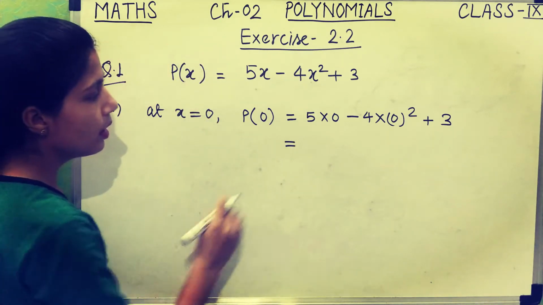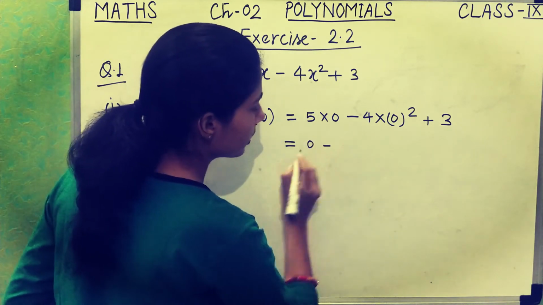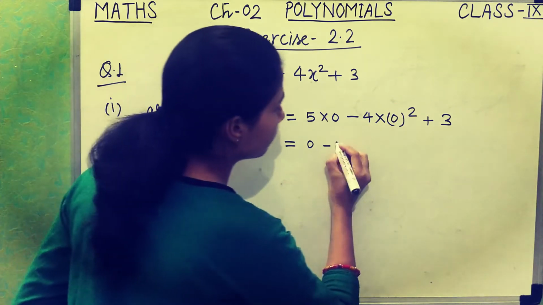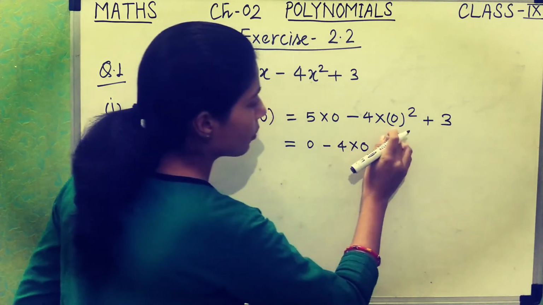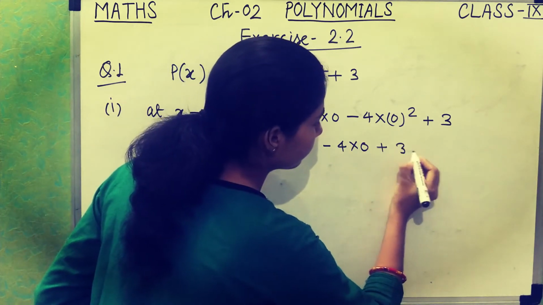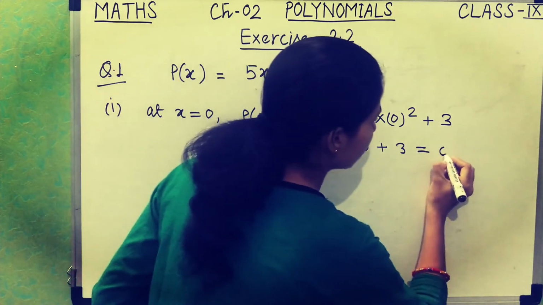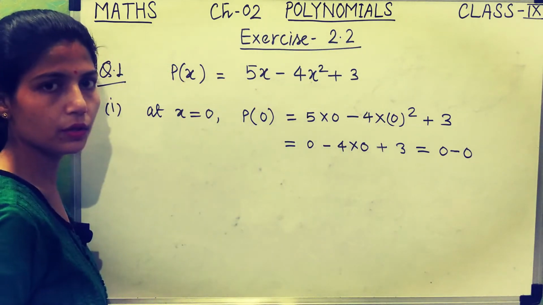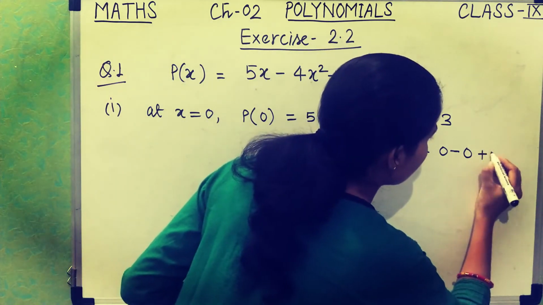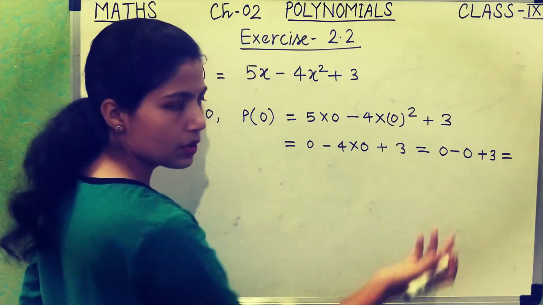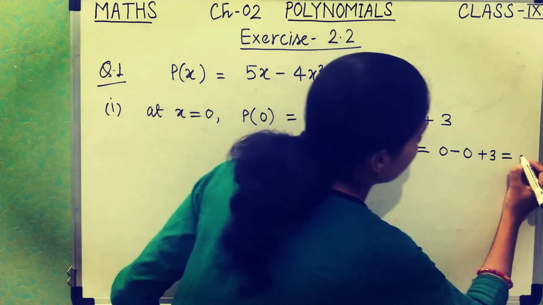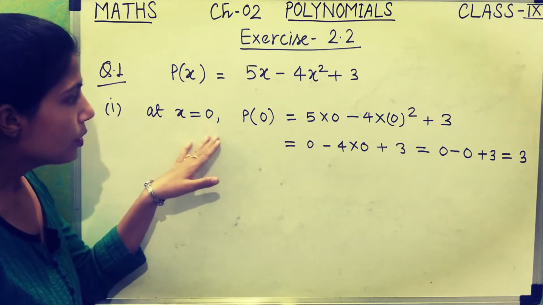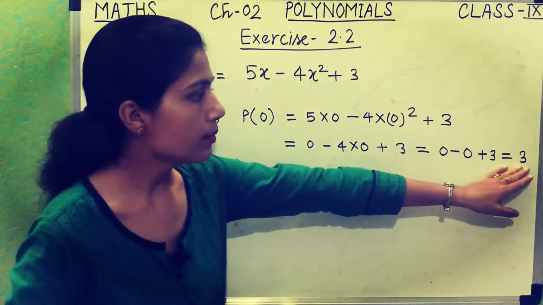Now solve it. 5 into 0 is 0, minus 4 into square of 0, which is 0, so 4 into 0 is 0, plus 3. If you multiply any value with 0, you will get 0. So 0 minus 0 plus 3 will be 3. At x equals 0, the value of the polynomial is 3.